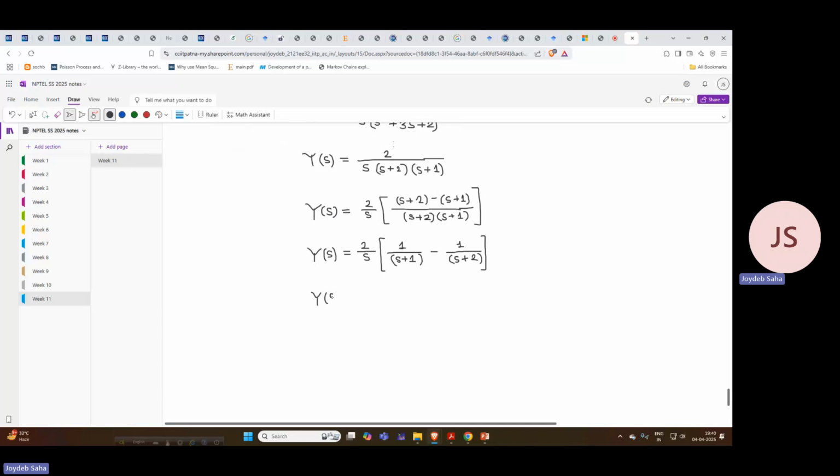Y s is equal to 2 upon s into s plus 1 minus 2 upon s into s plus 2.